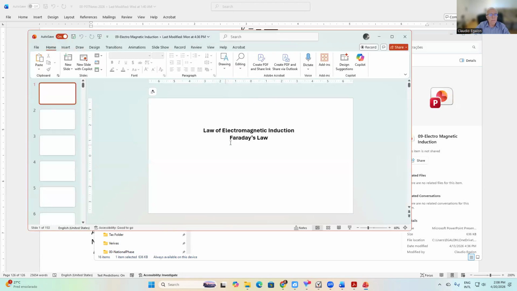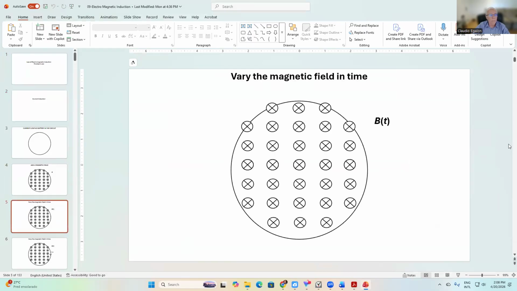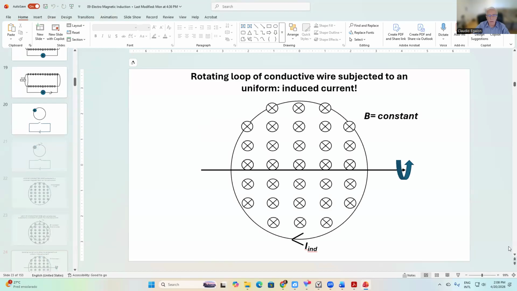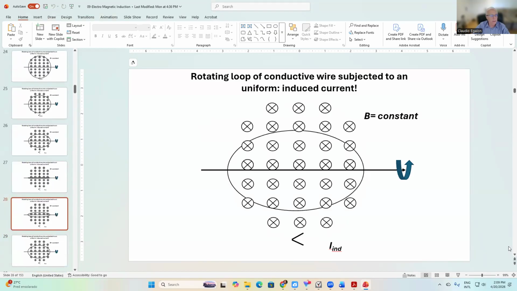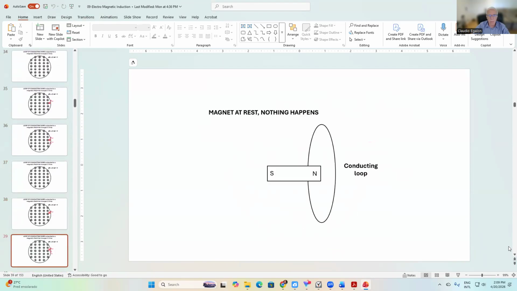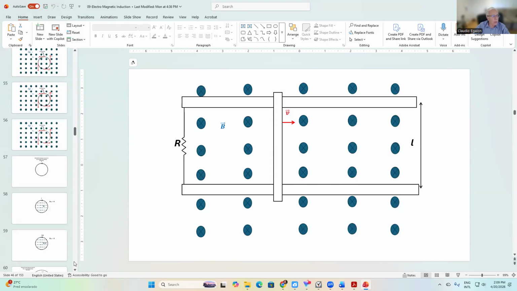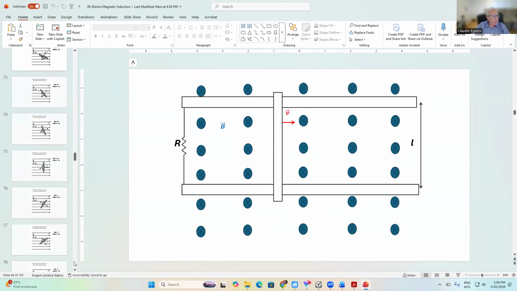Electromagnetic induction. I showed you mutual inductance before. Let's go back here. It's quicker, right?